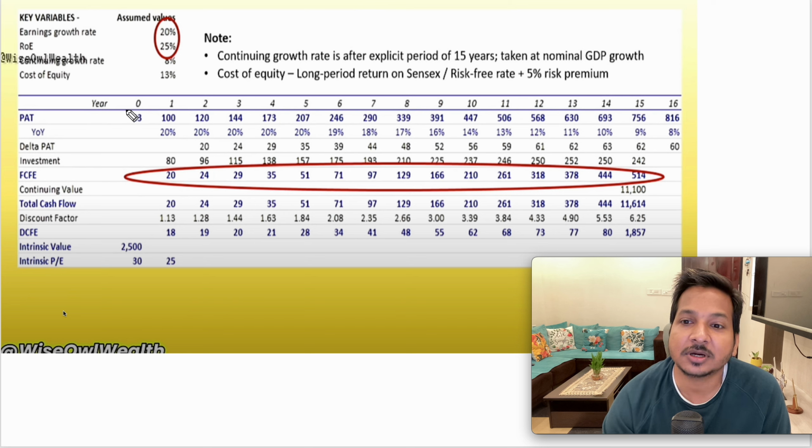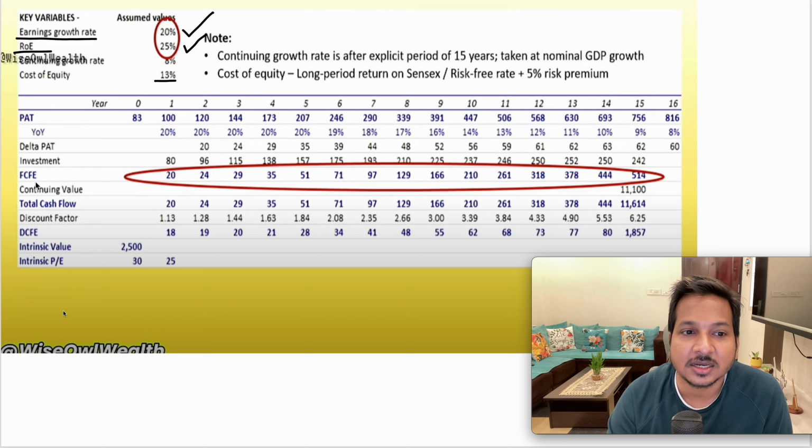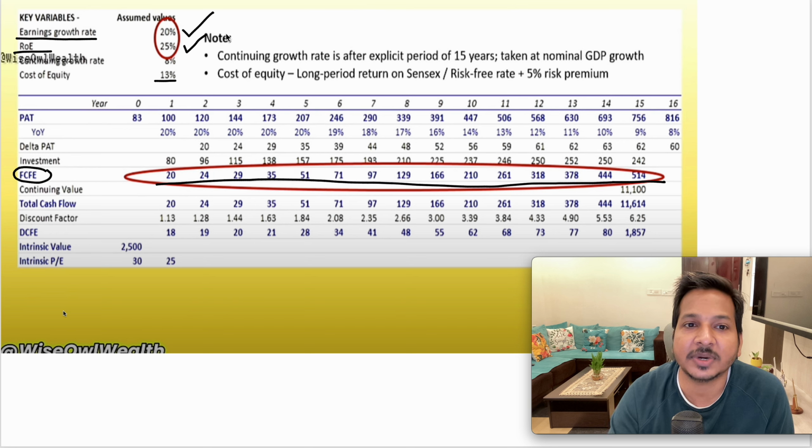Now Ramdev Agarwal did one exercise. He looked at what happens if the earning growth rate of a company is 20%, ROE is 25%, and cost of equity is 13%. It is visible that free cash flow is consistently increasing. So these are good numbers.